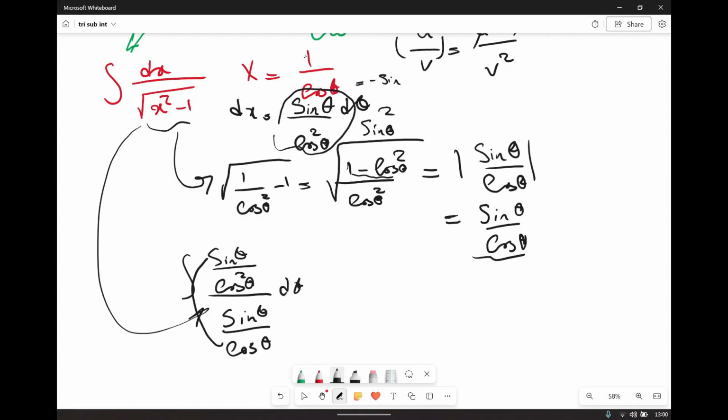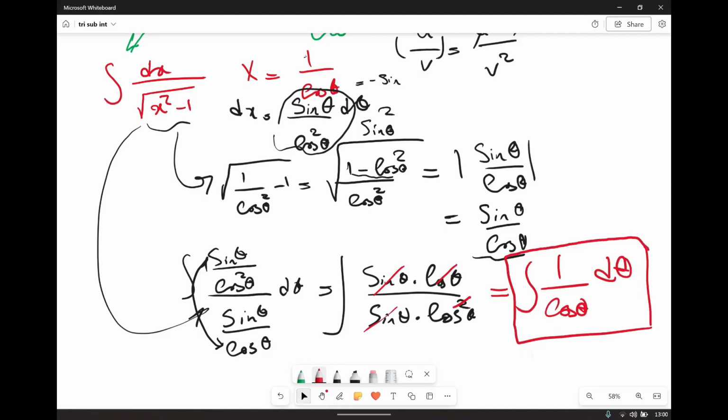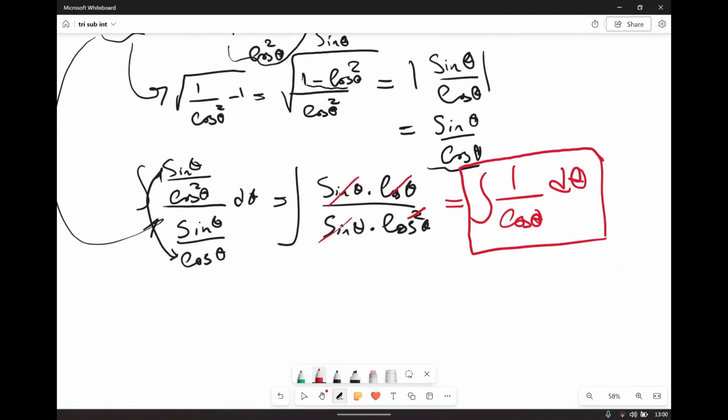Here, if I multiply this in the numerator, it is sine theta cosine theta divided by sine theta times cosine squared theta. Immediately this one cancels with this one, and our total integral is 1 over cosine theta d theta. I calculated this in the previous session, and if you want to understand how we calculate this, please start from zero.